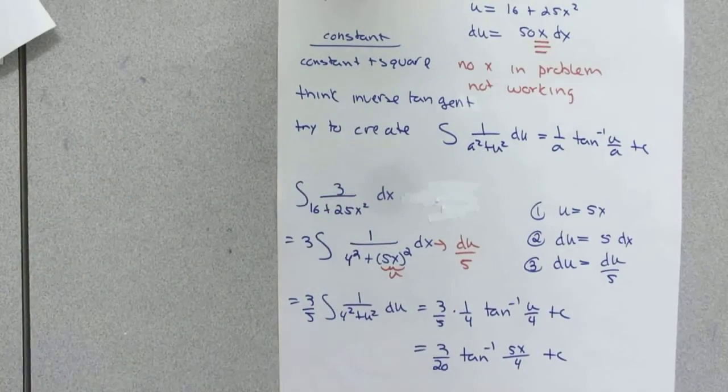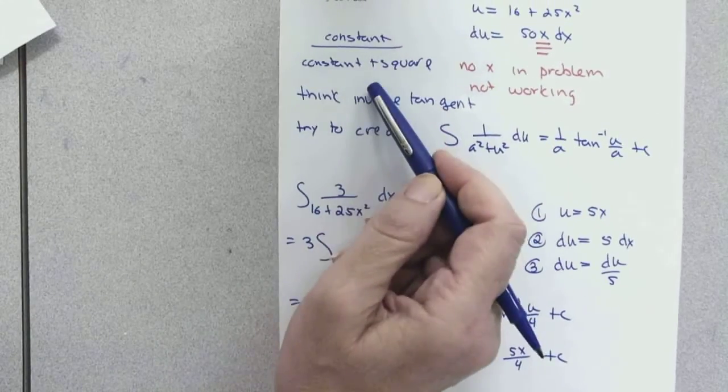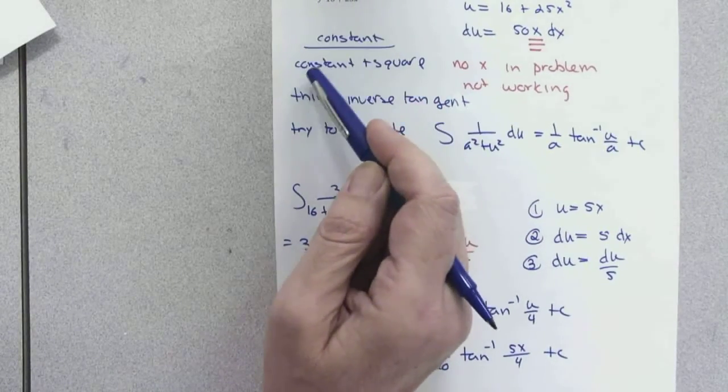And in my opinion, that is by far the easiest way to do this sort of problem. For those of you that do app work, they do funky factoring, which is harder. This is easier. But the real point to this one is starting to recognize this form here. Constant over another constant.